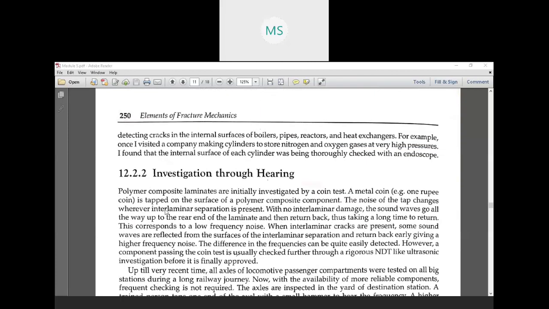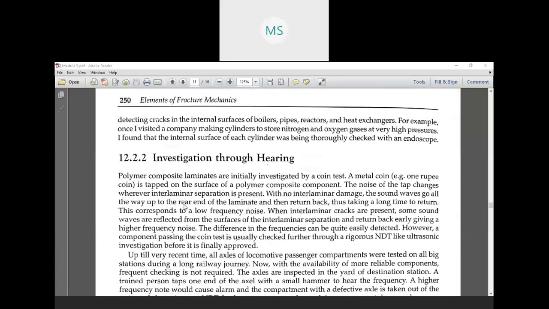Then we have seen the investigation through hearing. There is a coin method that we have studied, where sound travels from one end to the last end and comes back, and the time taken is inversely proportional to the frequency. That means if the pulse travels from one point to another and comes back to the initial point, the time taken will be very high and the frequency will be very low.